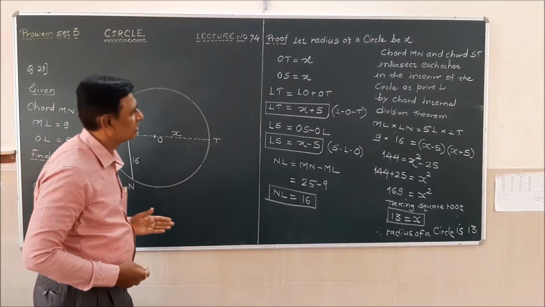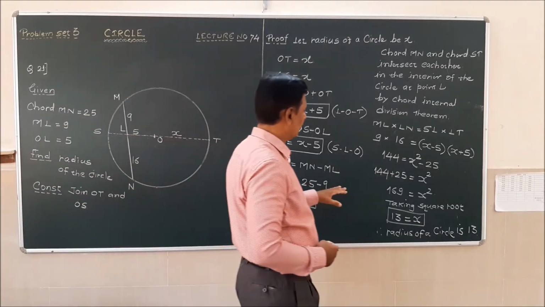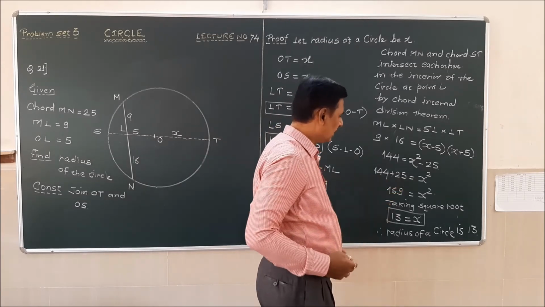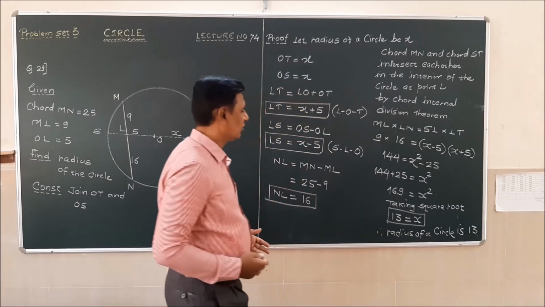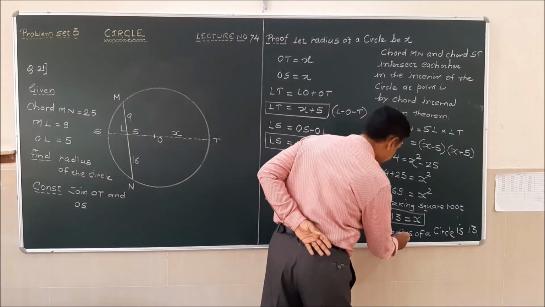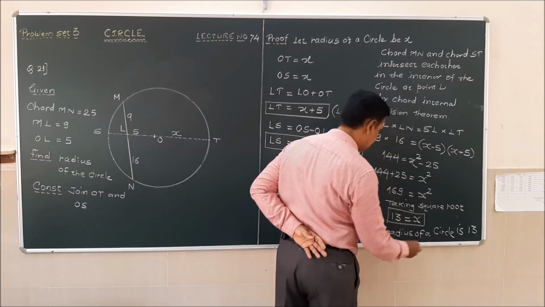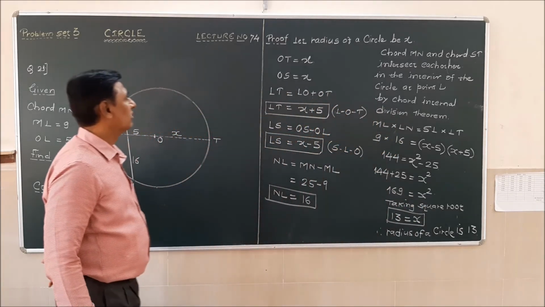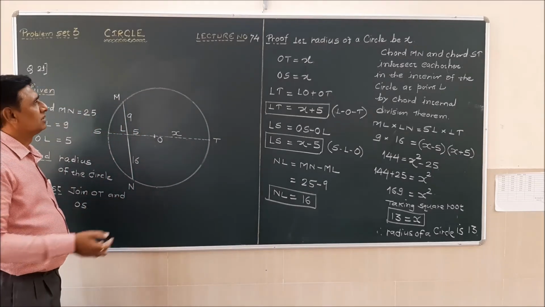If I transfer it to the left hand side, I'll get 144 plus 25, that is 169, taking square root, so x is equal to 13. So the radius of the circle is 13. This is how we finished this sum.